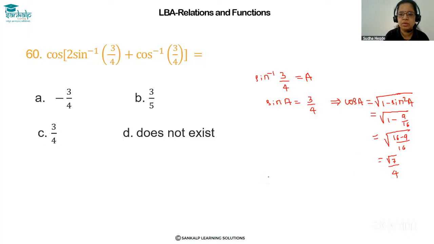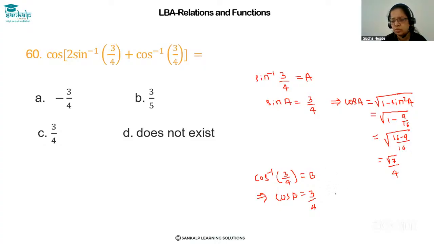Similarly, take cos inverse 3 by 4 as B. So that implies cos B is equal to 3 by 4.